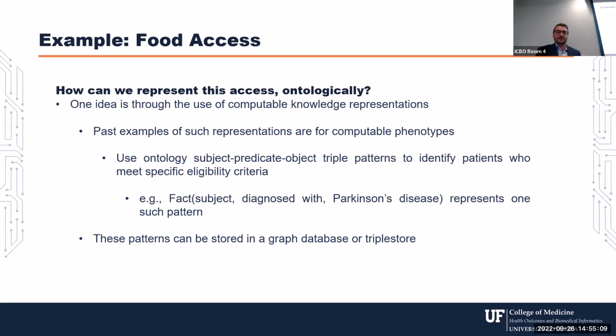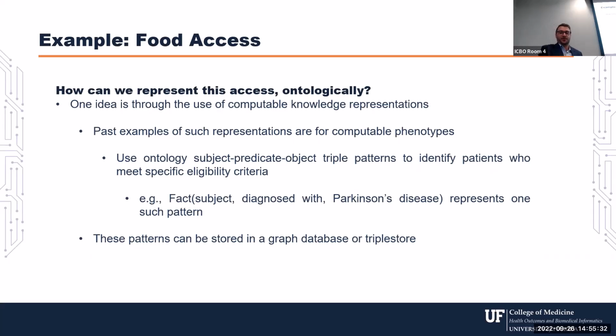An example of these being computable phenotypes, which have been used extensively in the past to identify certain patient populations based on eligibility criteria. Computable phenotypes are usually used for basically identifying people for studies or possible candidates for study subjects.